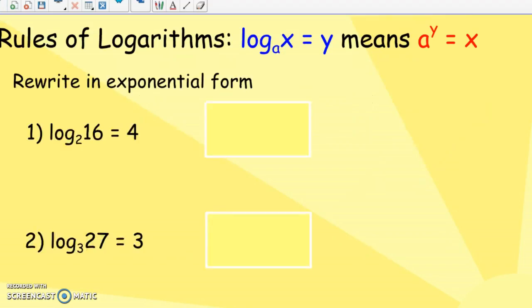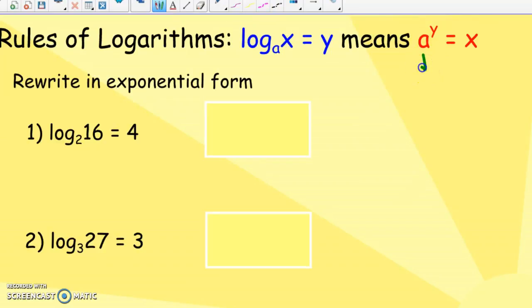Okay. So here's our rule. It's log base a of x equals y. This is the log form here, and it means the same thing as this exponential equation, a to the y equals x. Now you're used to seeing equations written more in the exponential format, but let's identify what the different variables are representing.